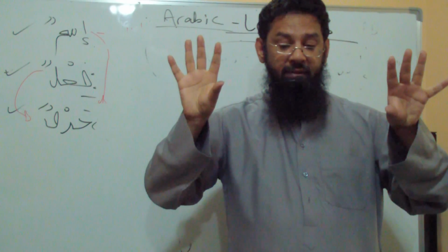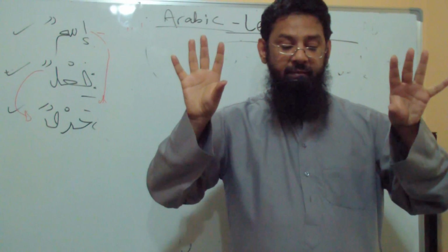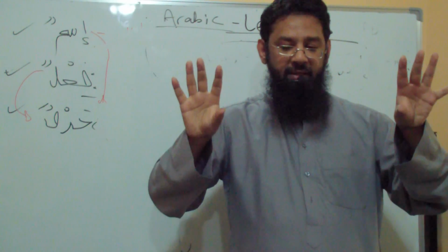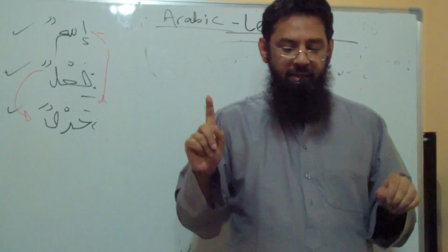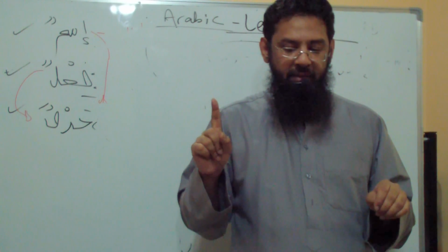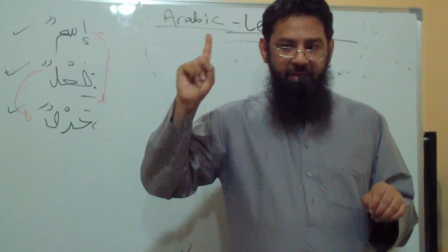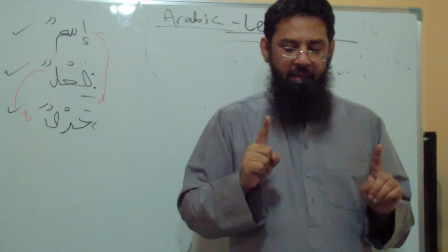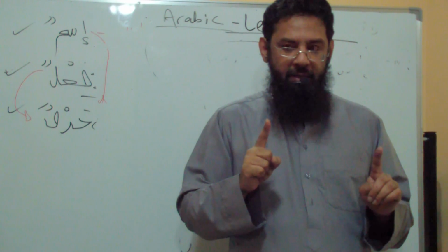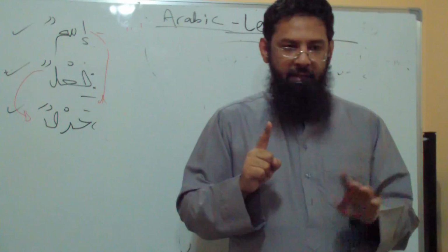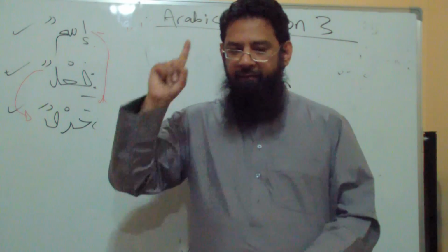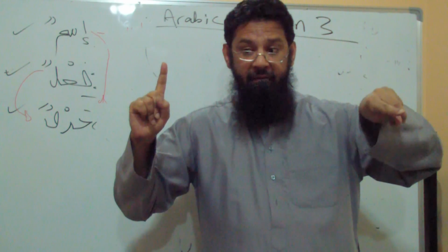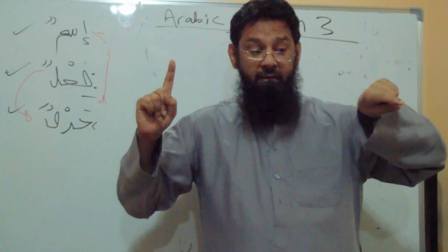The first noun doesn't have a definite article, and there is no case ending like fatha or dhamma on the tanween. The second noun will have the genitive case ending.